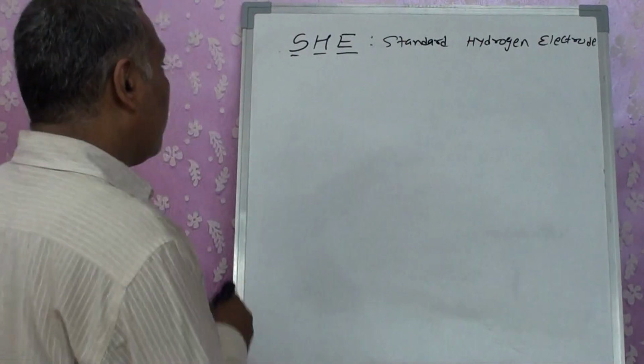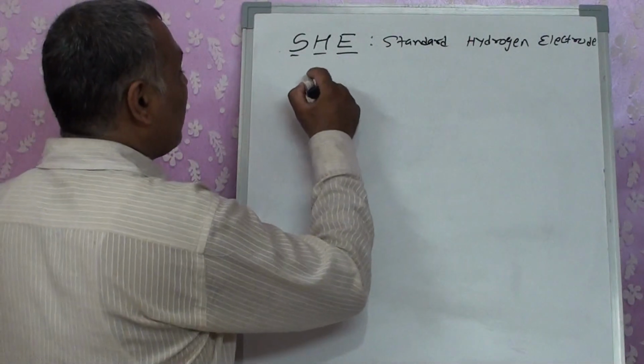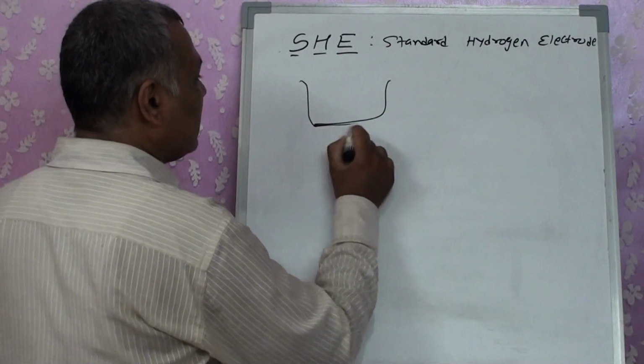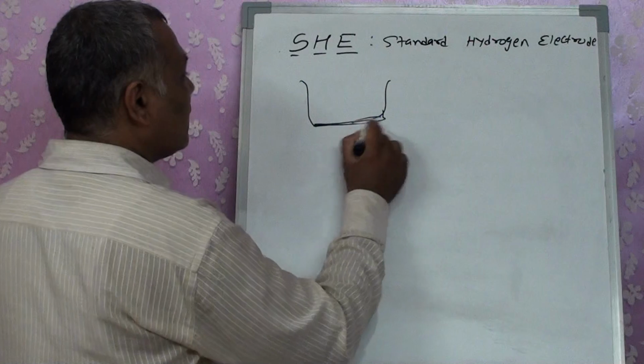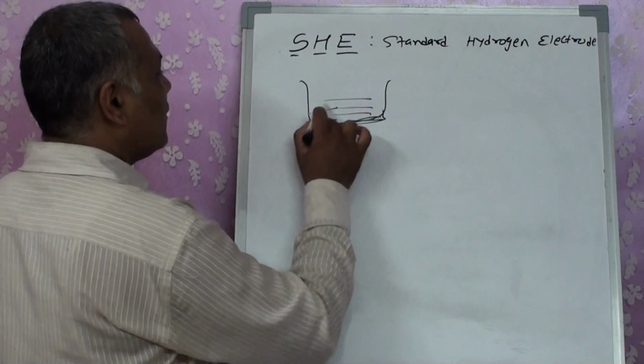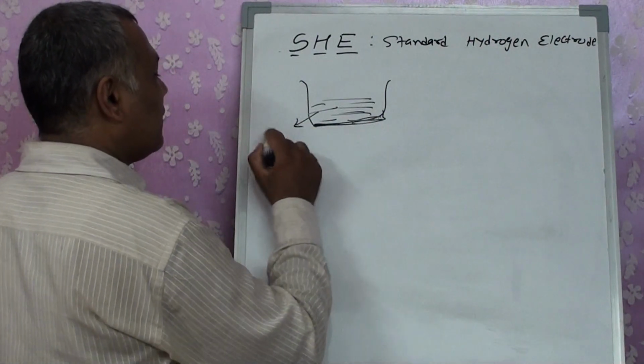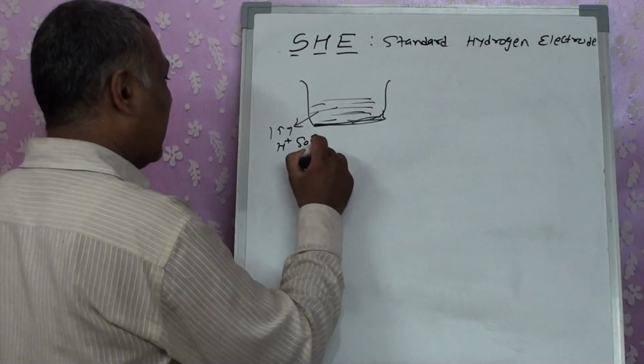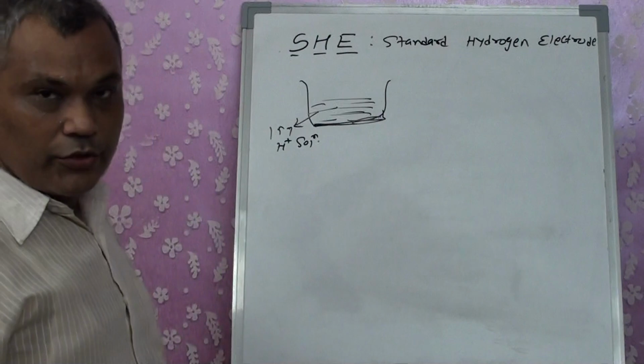So how to do it? First of all, the half cell is constructed by taking a container in which the solution is filled. It's a 1 molar H plus solution, any acidic solution.